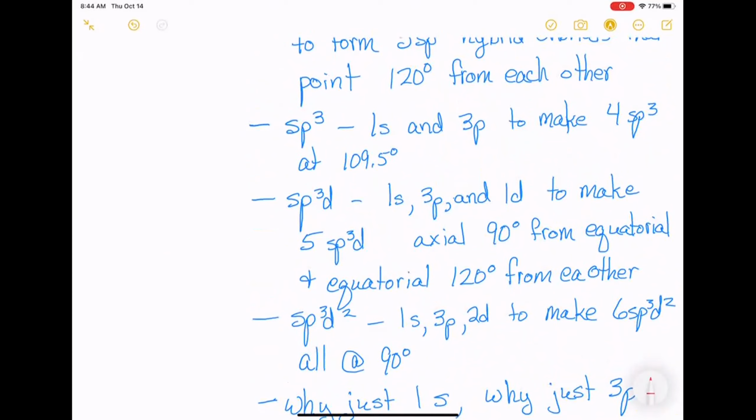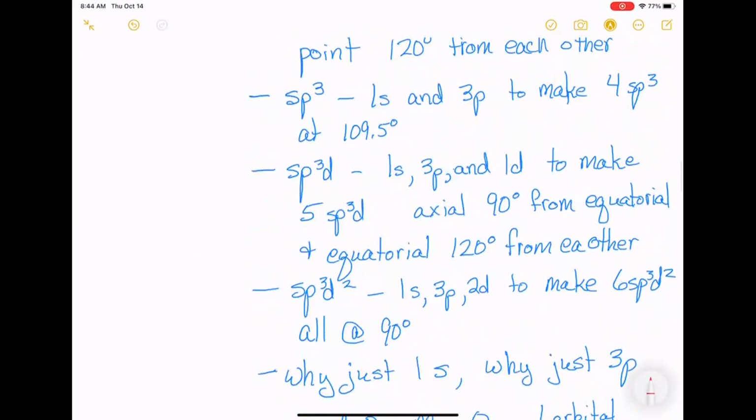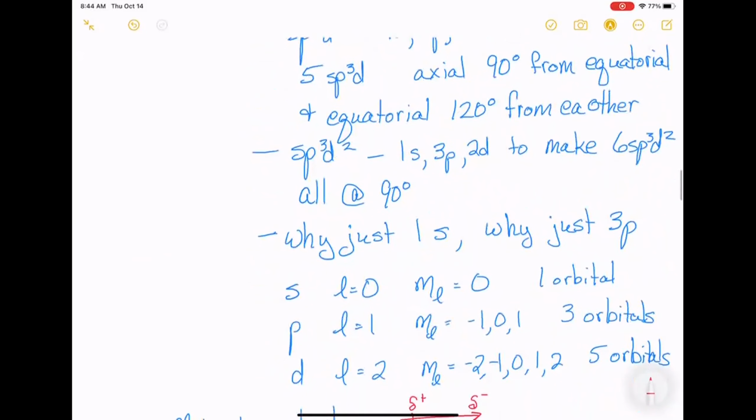When you have 6 hybrid orbitals, the hybrid orbitals will point towards the corners of an octahedron. Now, the question you may wonder is, why do we always have only one s atomic orbital? Why do we always have just the 3 p atomic orbitals before we have to move on to d? Well, the answer comes back to quantum numbers.